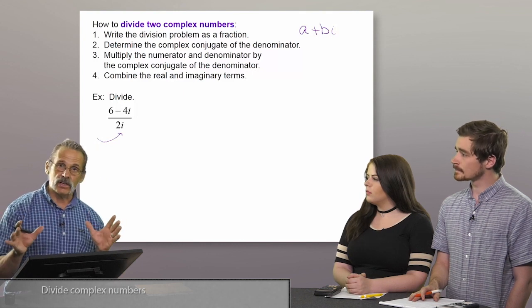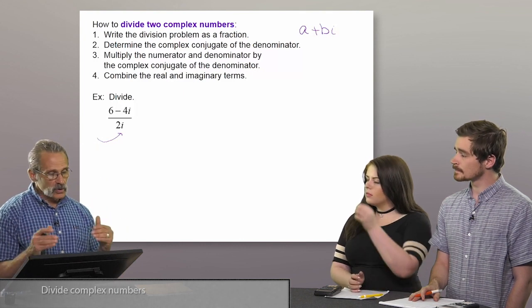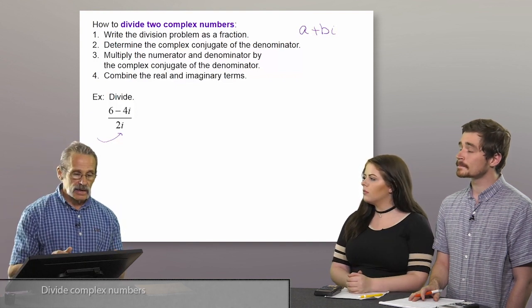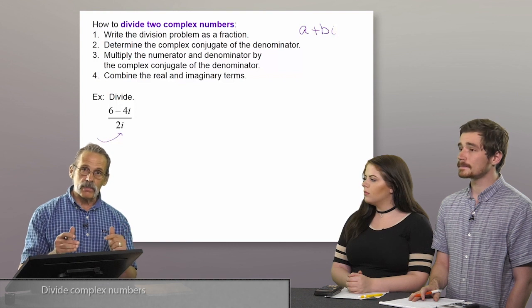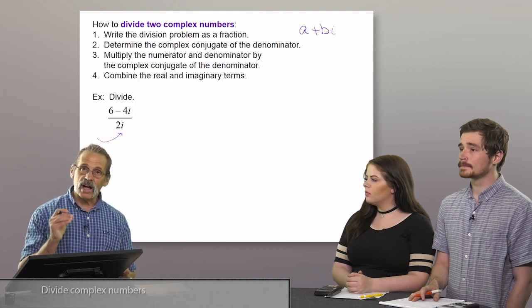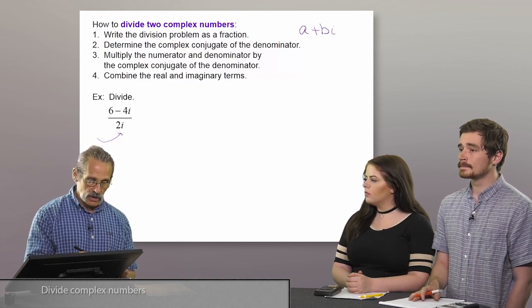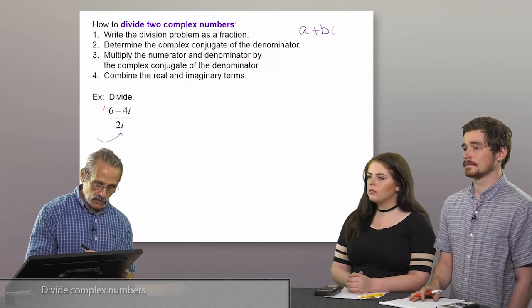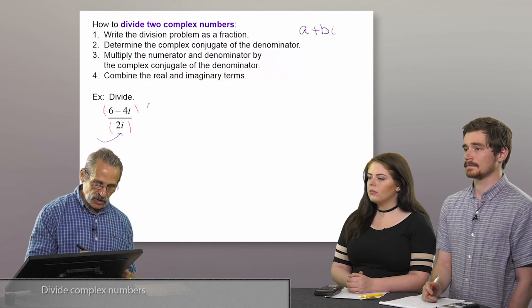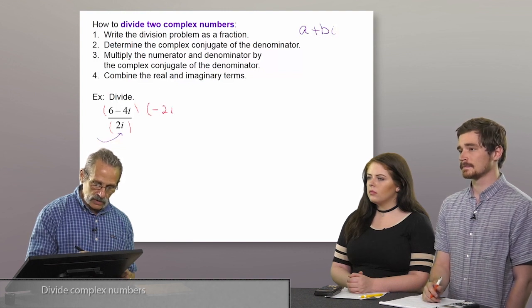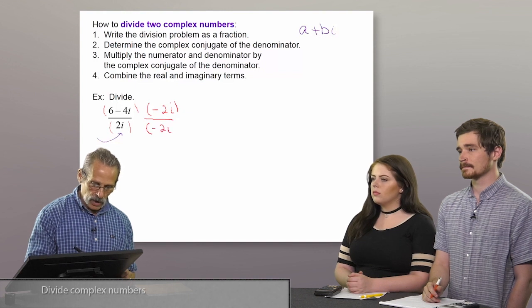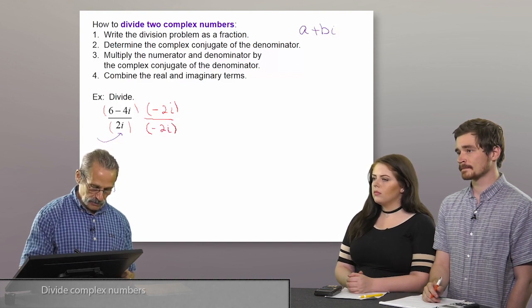So we don't want i in the denominator at all. So to get rid of that particular term, we multiply our numerator and denominator by the complex conjugate of the denominator. So what I'll do is I'll multiply my numerator and denominator by the complex conjugate of 2i, which is negative 2i. It's like multiplying by a 1, so I don't really change anything.